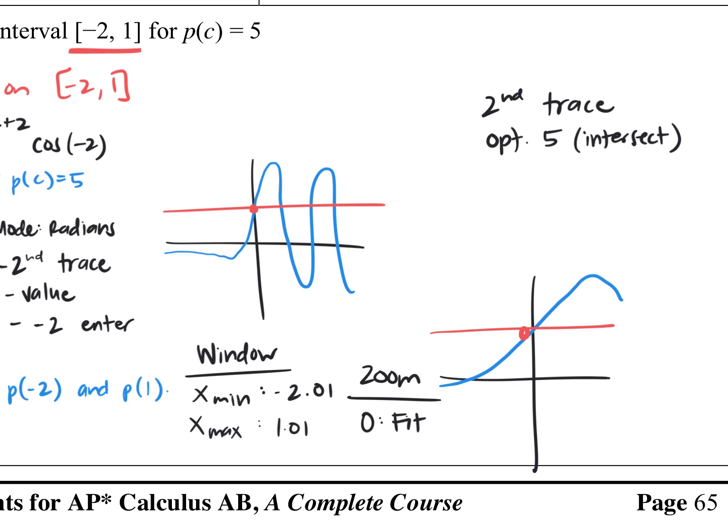Then it's going to say something like first curve. You'll go with your left and right arrows until it's just below the curve here, and hit enter. Then it's going to jump to the second curve, which is your second line, because you're figuring out when it's intersecting those two things. Hit enter again.